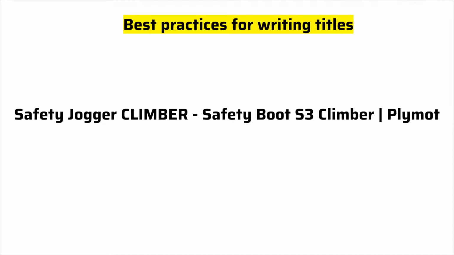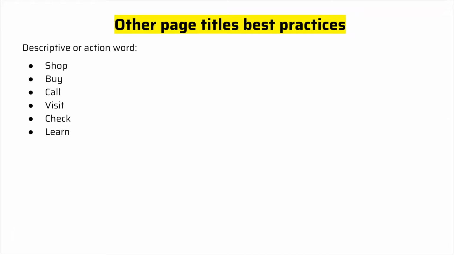So another best practice for writing a title tag is to use a descriptive action word. So if you are selling, let's say, a shoe, something like buy safety jogger shoe, buy now, shop, call, visit, check, learn. This kind of action verb induces people to click now, shop now, buy now.